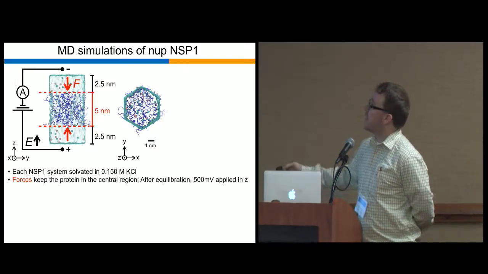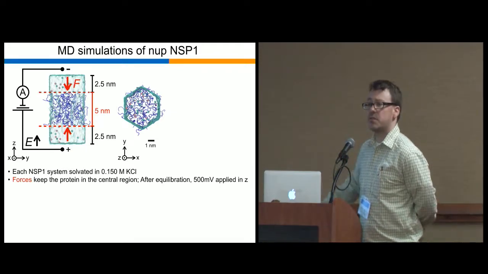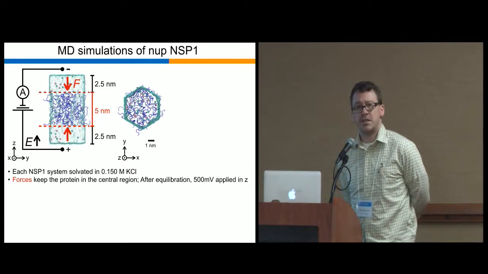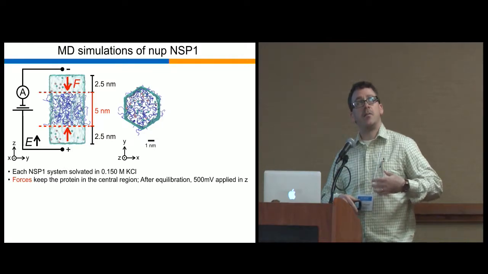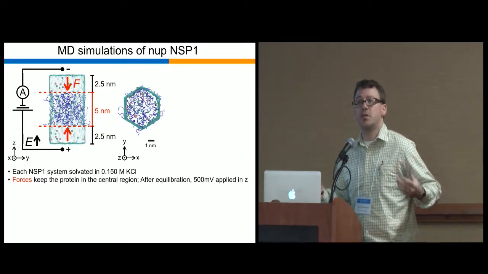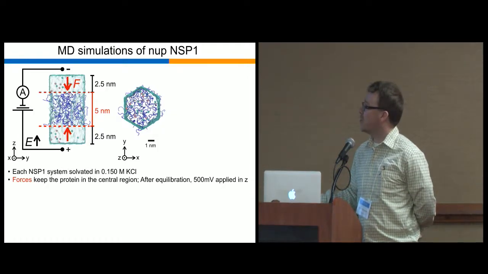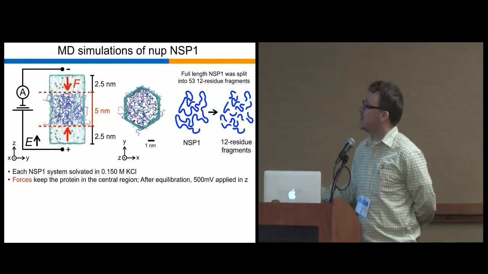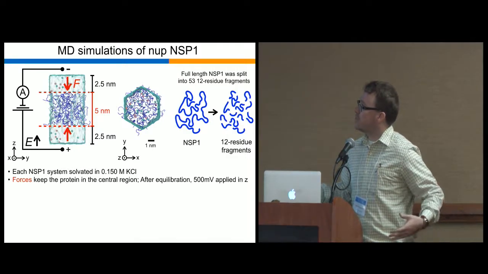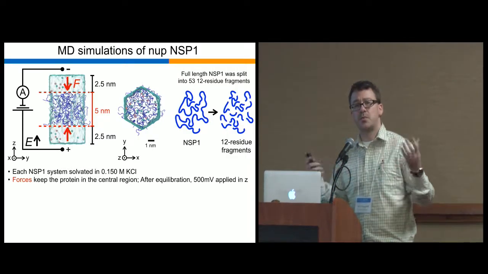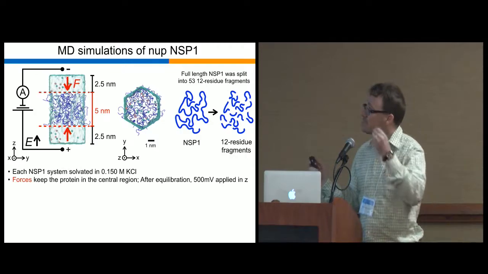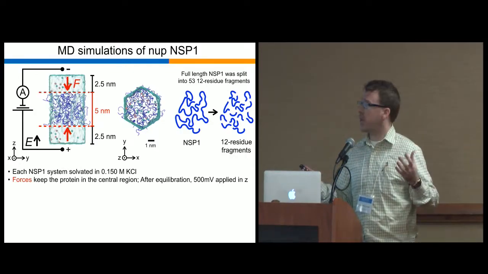Now we chose NSP1, which stands for non-structured protein 1, since this is one of the important NUPs in the central channel of the human nuclear pore complex. This is about 600 residues long, so to allow this protein to explore more conformational space, we divided it into fragments.